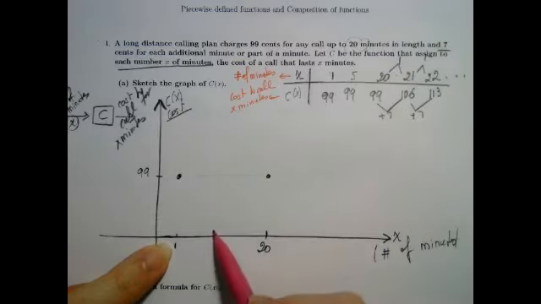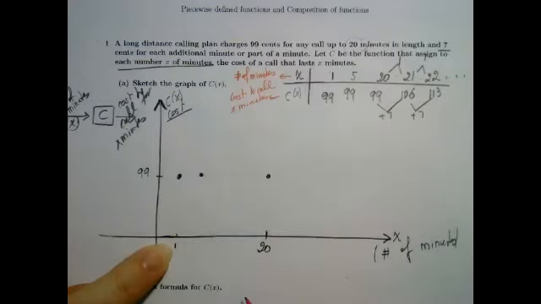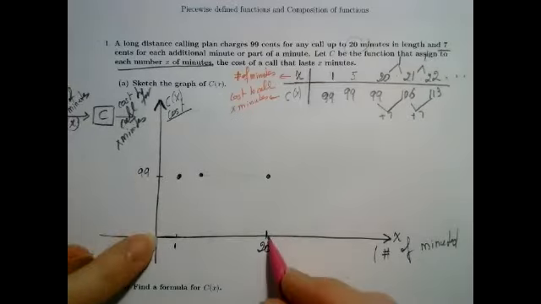It means you don't know the answer for 3 minutes. But do you know the answer for 3 minutes? What's the output for 3 minutes? 99 cents. So why not this dot? Okay, understand what I'm saying? Yeah, I understand what you're saying. So fix your graph. How is it going to look up to 20?